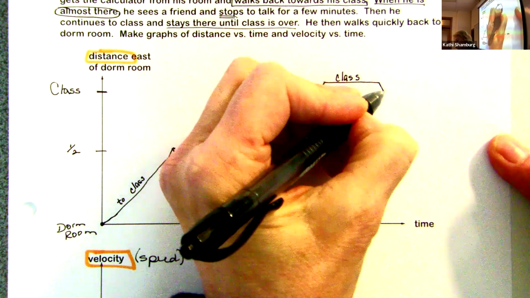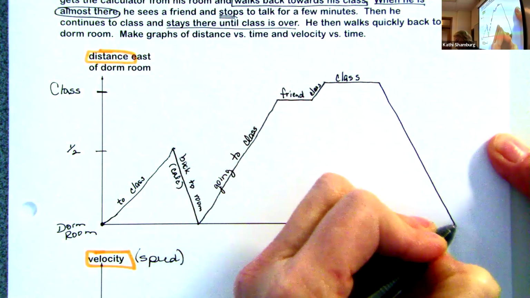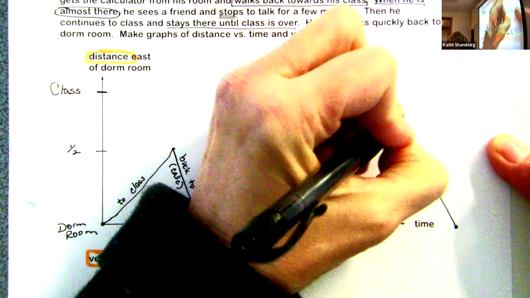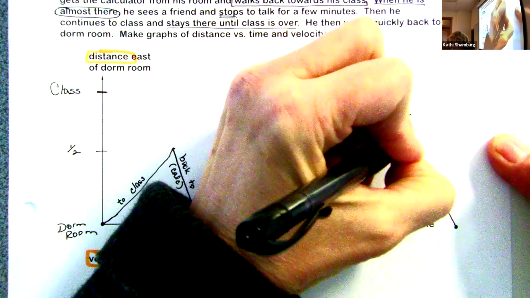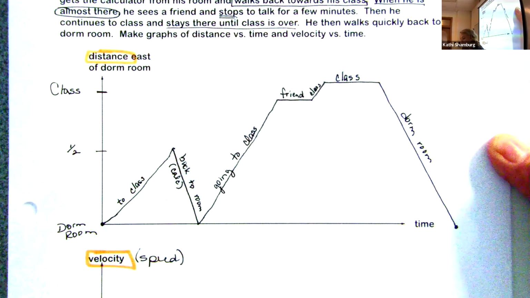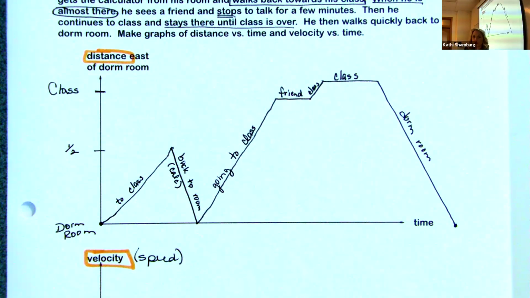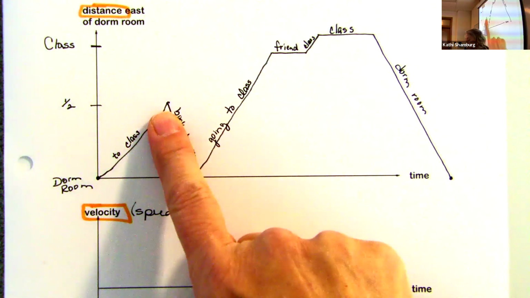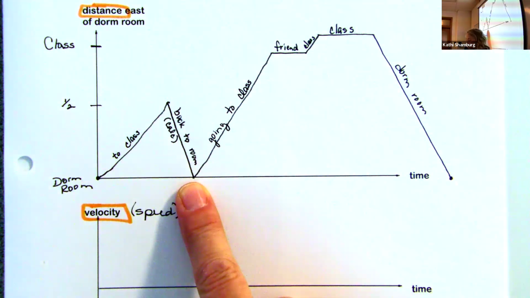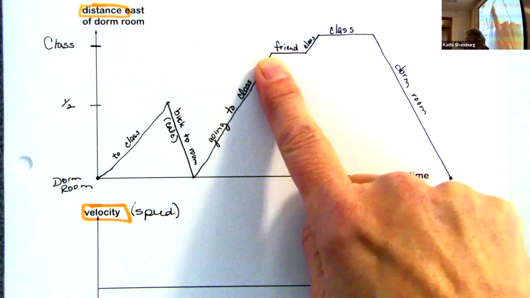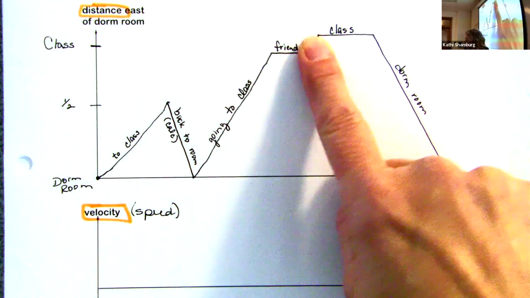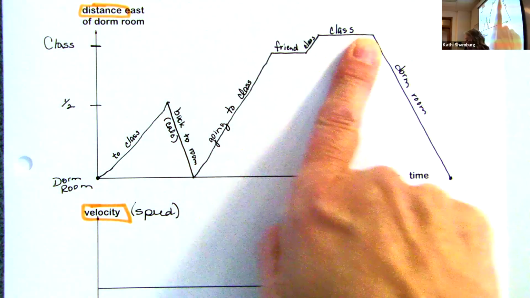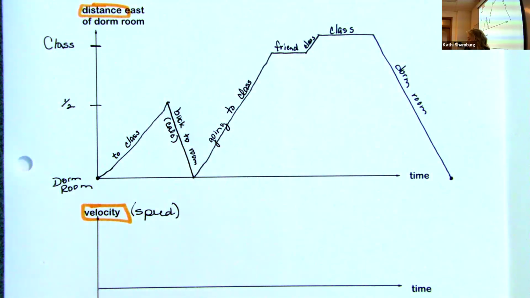I ran out of room, but this would be going back to the dorm room. So this would be an example of what it might look like. Walking away, gets halfway there, turns around, goes back to the dorm, goes to class, talks to a friend, walks the rest of the way, sits in class, immediately goes back to the dorm.